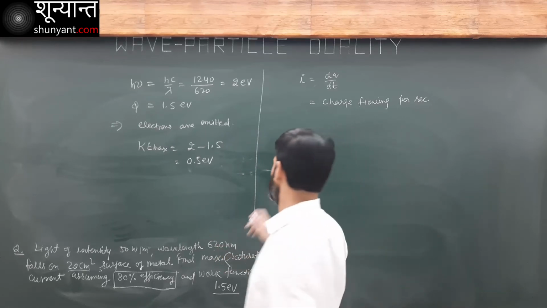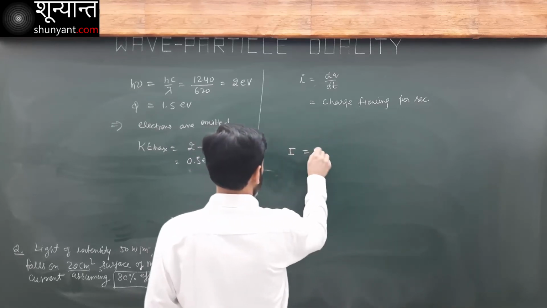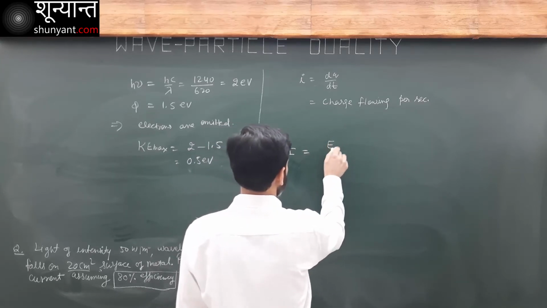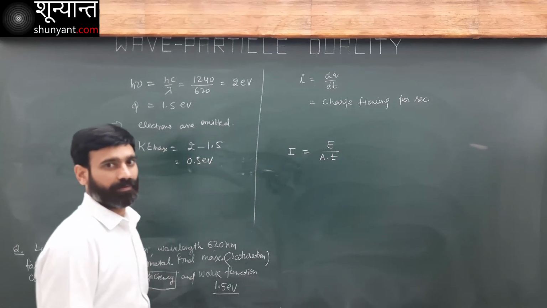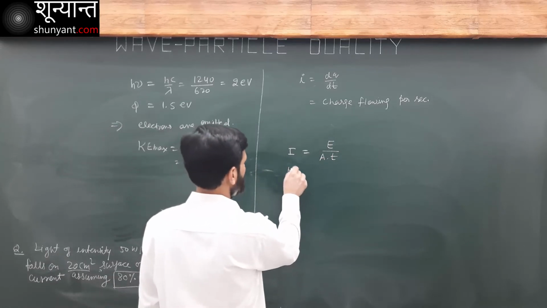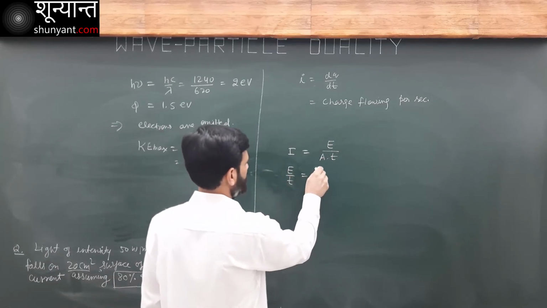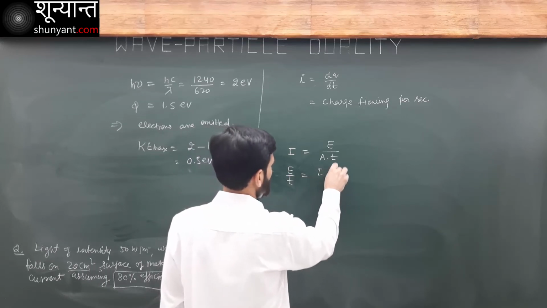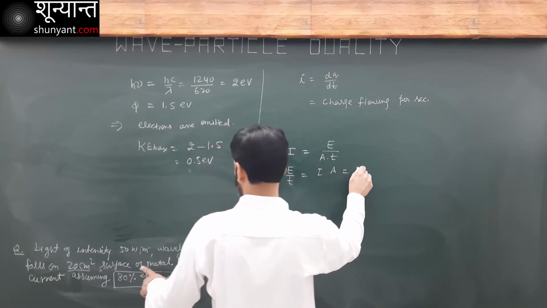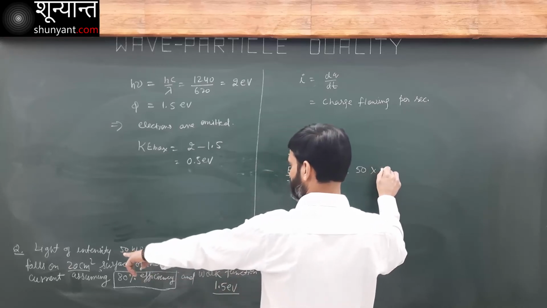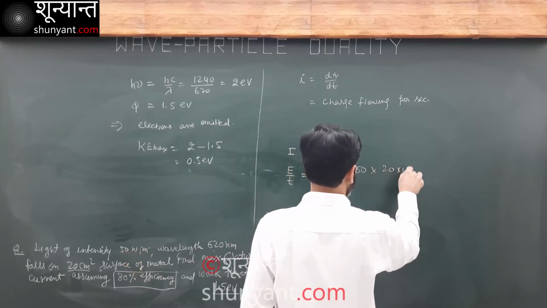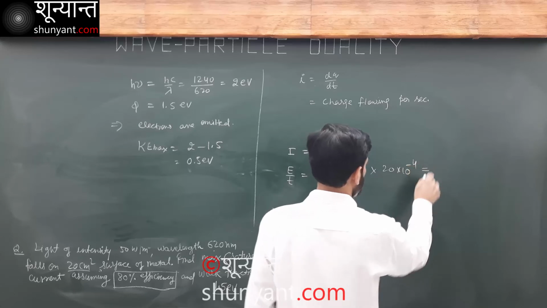Okay, now what is intensity? Intensity is equal to energy over area into time. Okay, so E over T is equal to I into A. It is equal to 50 into area, which is 20 into 10 power minus 4.